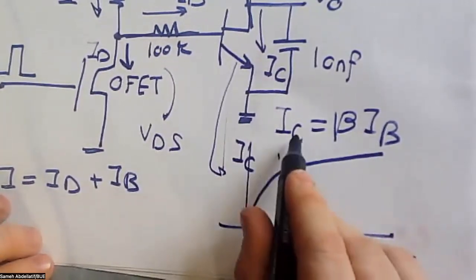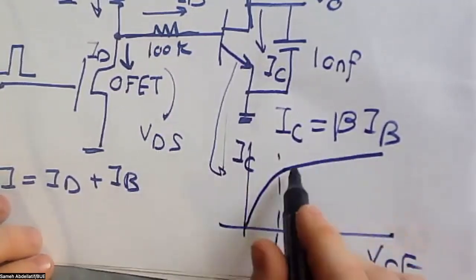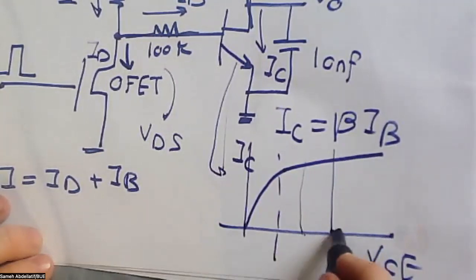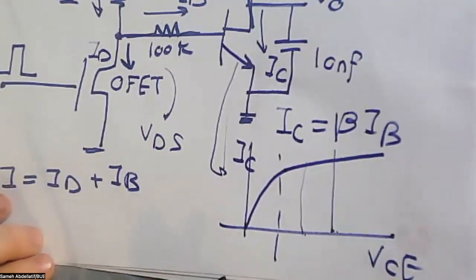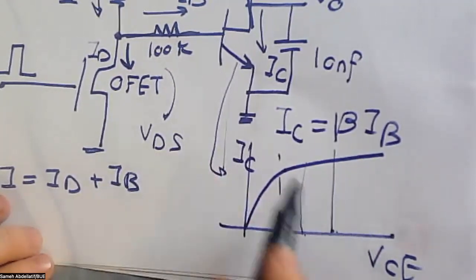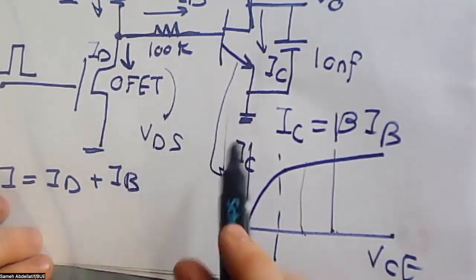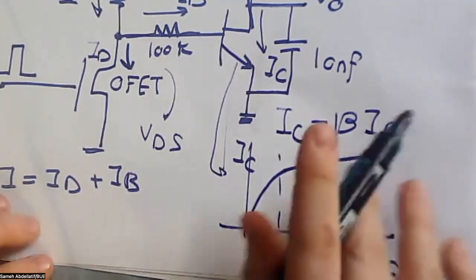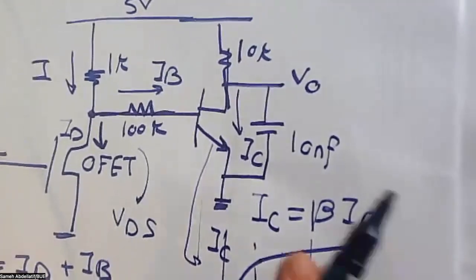When you say that the IC changes, that correspondingly means that the VCE changes. So the change of the IC and the change of VCE is correlated or is managed by this IV characteristic curve. Let's see what is our output.